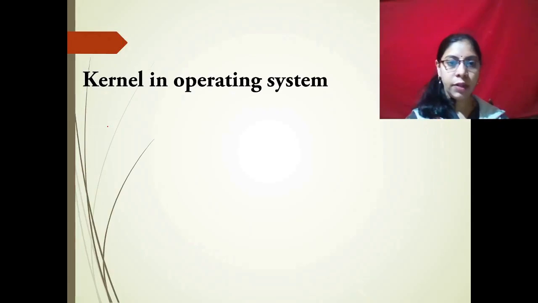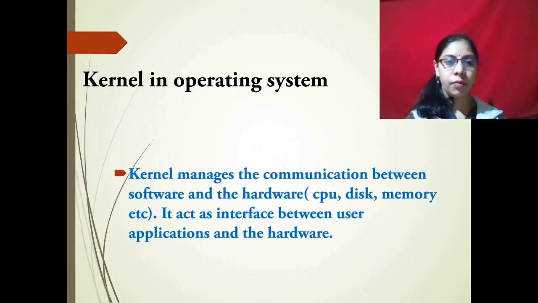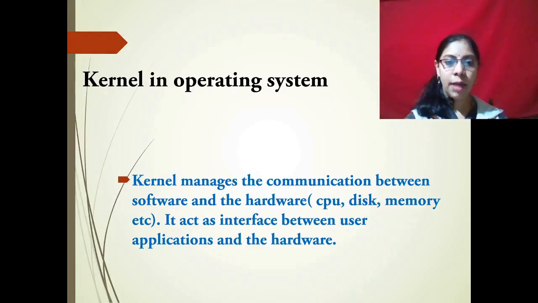So let us see the definition of kernel. Kernel manages the communication between software and hardware. It acts as an interface between user applications and the hardware. Some software demands audio, like a media player that demands audio to play music and sound, whereas photo editing software demands visuals so that it can edit photos.